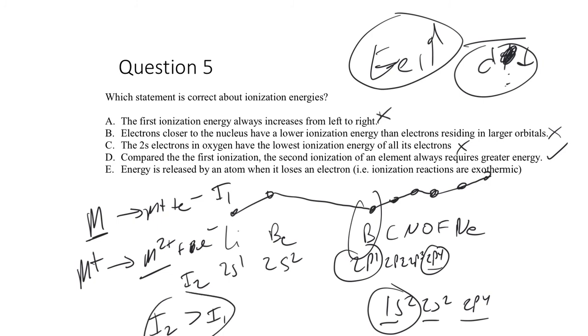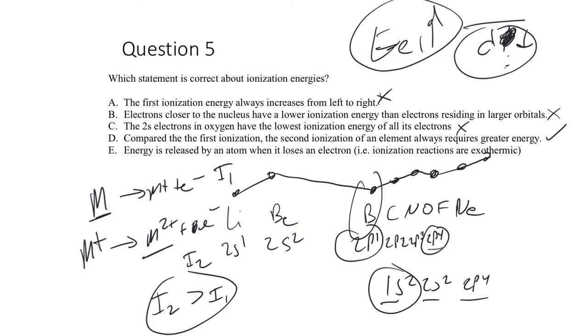One, M plus is smaller than M, so the electrons are closer to the nucleus. And two, there's less repulsion of the electrons, so smaller orbit size, and the electrons are fighting against that nuclear charge. Smaller size is really just a smaller size, less electron repulsion.